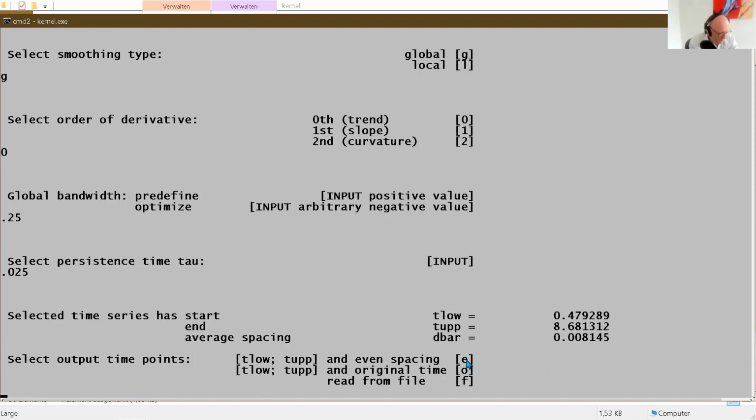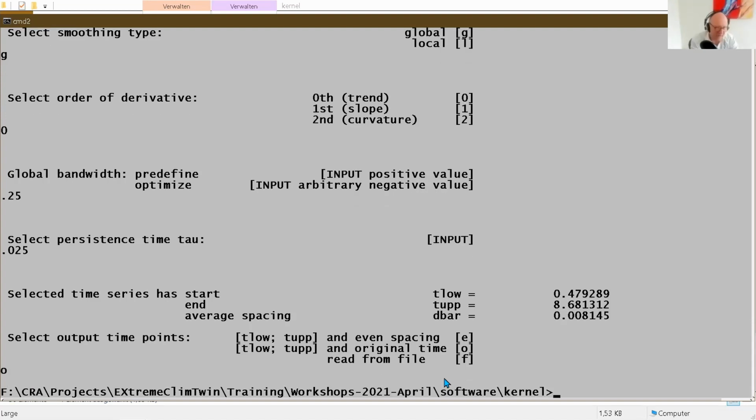You can also interpolate or output the trend estimate at evenly spaced points, or use a file which contains just the time values and output the trend at those time values. This would be interesting if you have another series against which you wish to compare your trend estimate. But here I will just press O, and then the software, not very spectacularly, terminates.